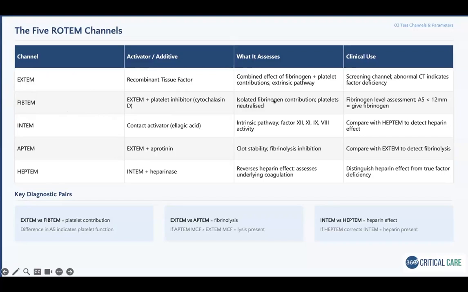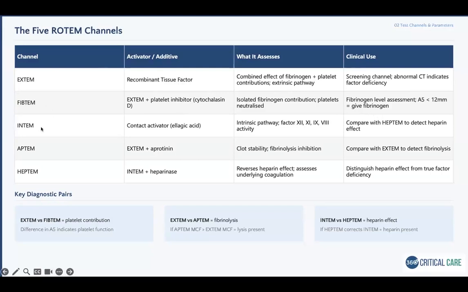So it gives an isolated fibrinogen contribution because the platelets are neutralized. So in FIBTEM, you get a functional assessment of the fibrinogen level. Usually we take the A5, the amplitude at 5 minutes; less than 12 is abnormal. That means the patient has some fibrinogen deficiency and you need to give some fibrinogen, right?